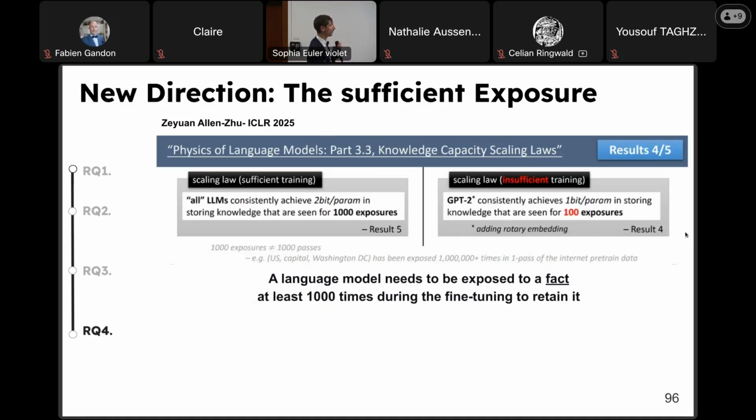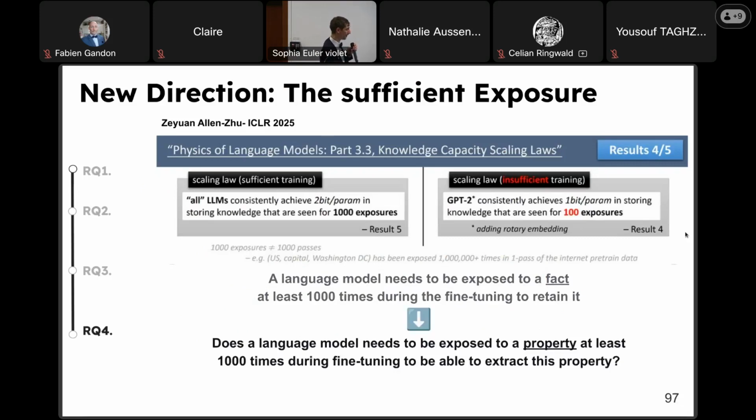During this tutorial, Alan Su told us that language models need to be exposed to a fact at least 1,000 times to be efficiently retained by the model. So in our case, we can maybe ask this question: does the language model need to be exposed to a property at least 1,000 times during the fine-tuning to be able to extract this property?